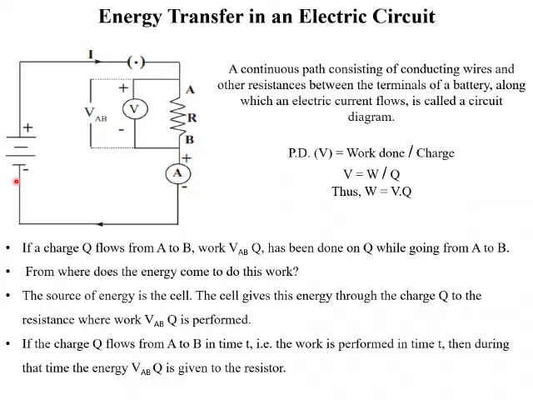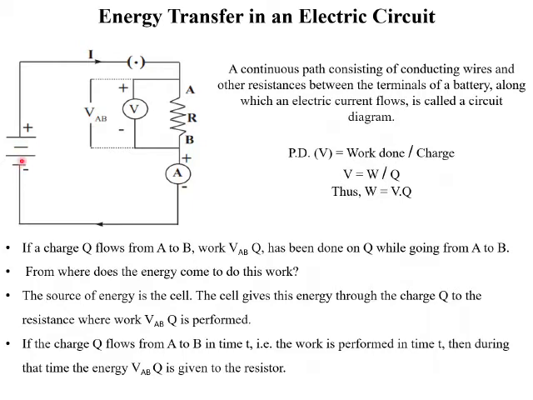Due to the unequal number of charges, a potential difference is induced, and due to the difference in potential, the charges start moving. So long as this difference is maintained, the flow of electric current takes place. That is why we consider the positive terminal to be at a high electric potential and the negative at a low electric potential.